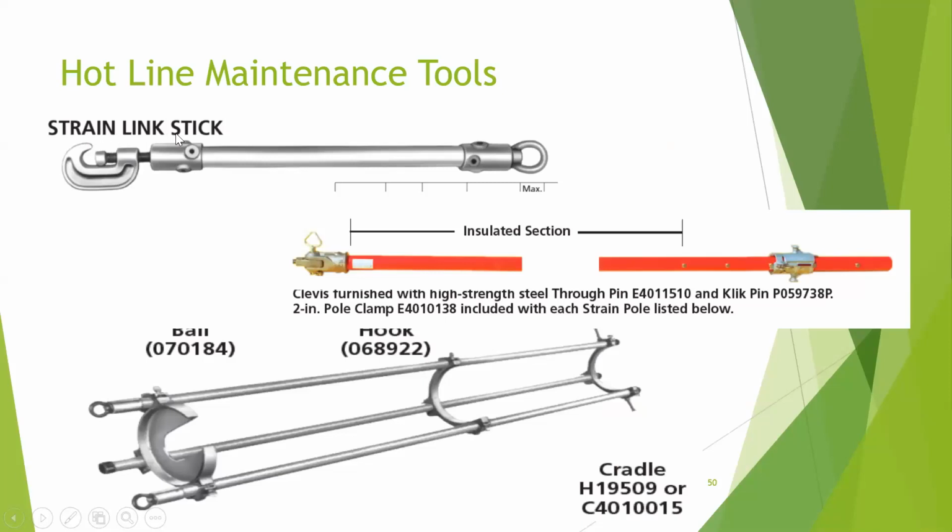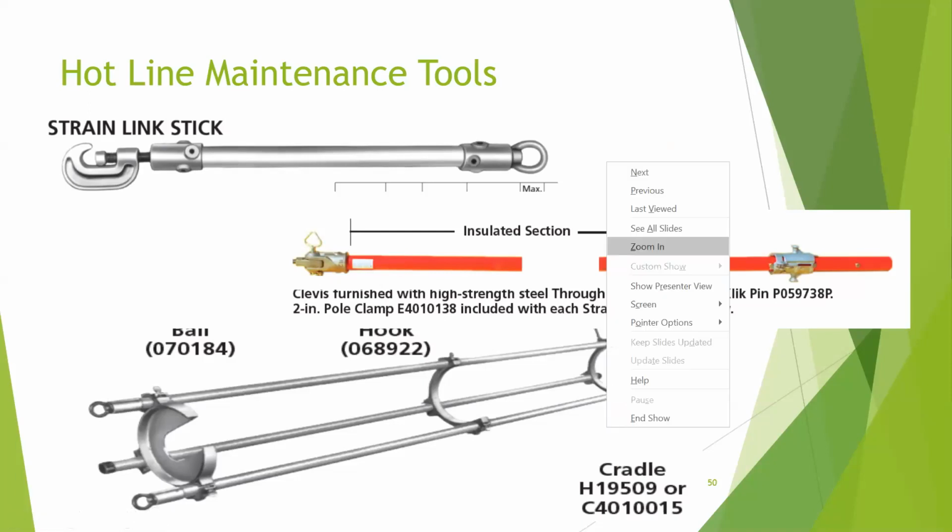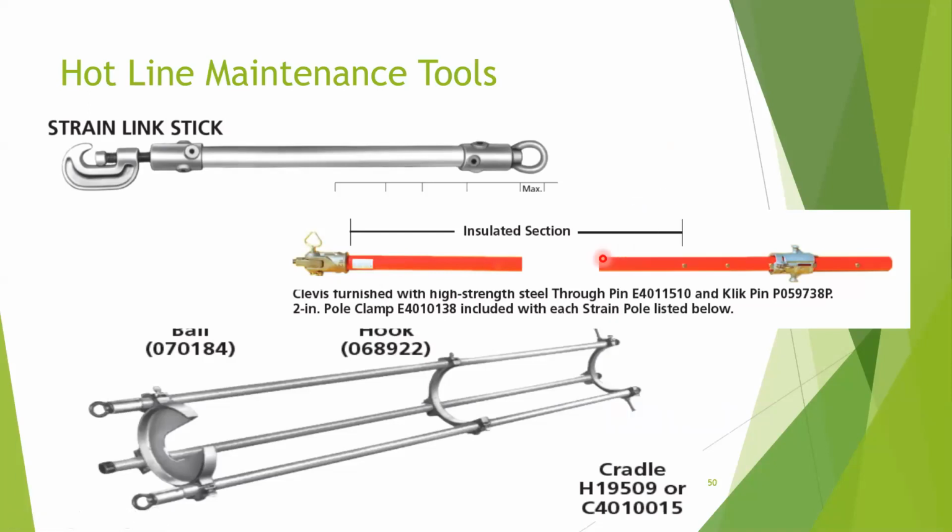These are the link stick and the strain stick. And the next one is the strain pole. This is the insulated section, and this is the clamp that can be strained.